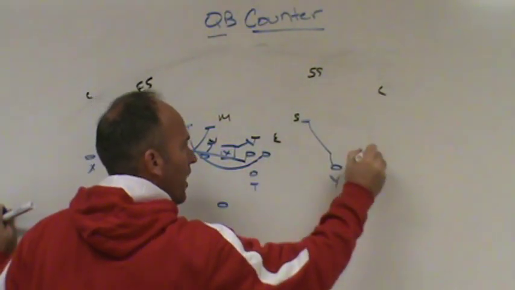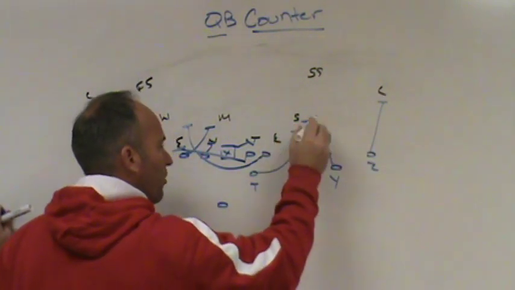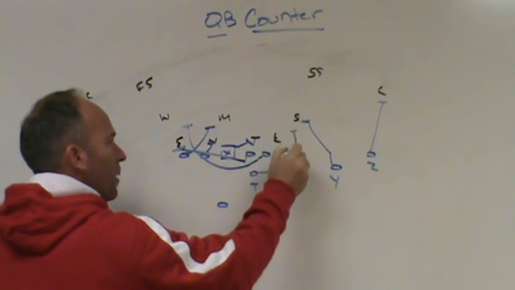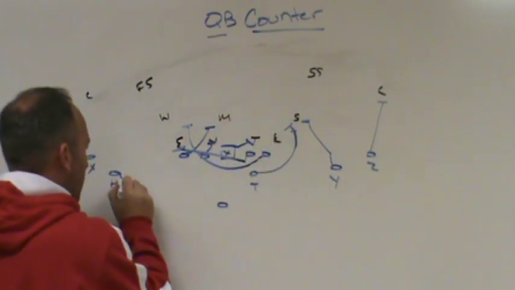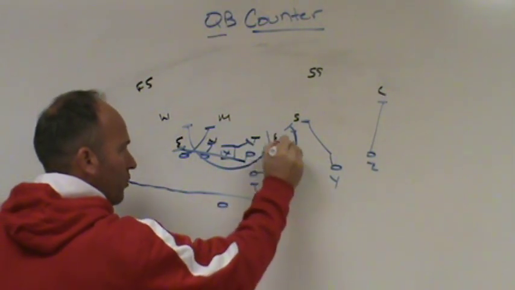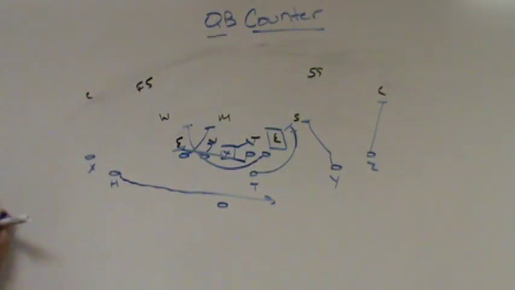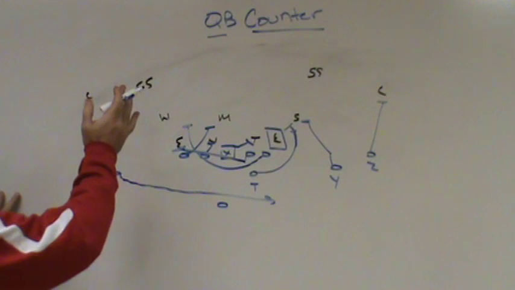Your tailback would essentially arc release past the 5 and be a blocker either for a blitz off the edge or a guy that can turn in to handle the overrun of the Mike, because you're coming here with jet sweep. Now in doing that, you are going to read the 5 technique. If the 5 technique widens, your quarterback's going to run Q counter the other way.